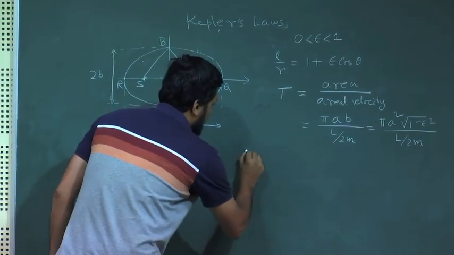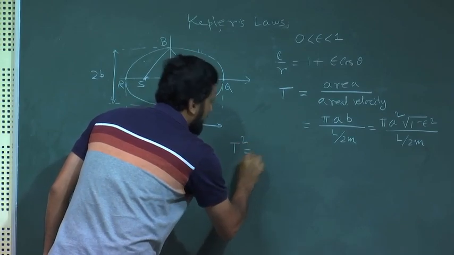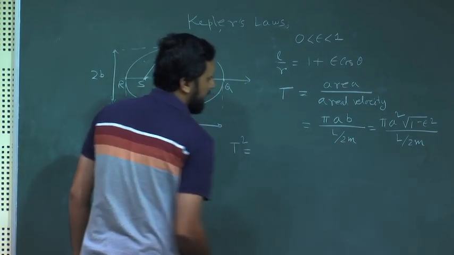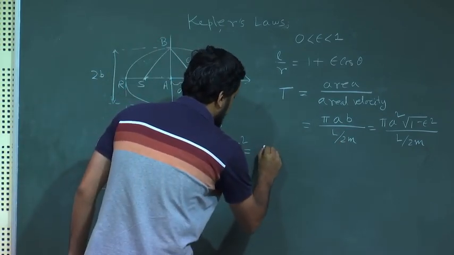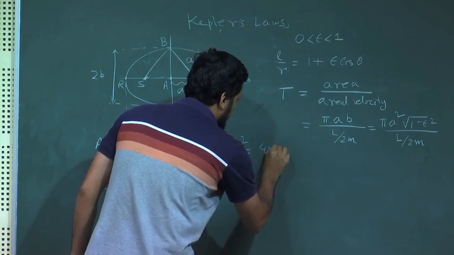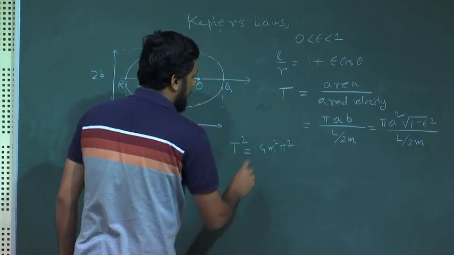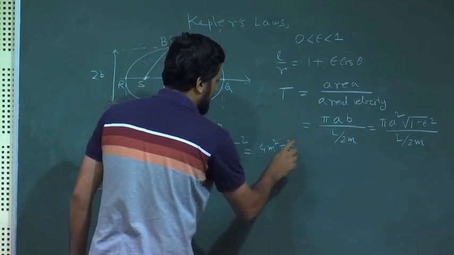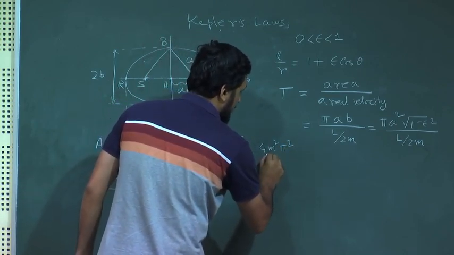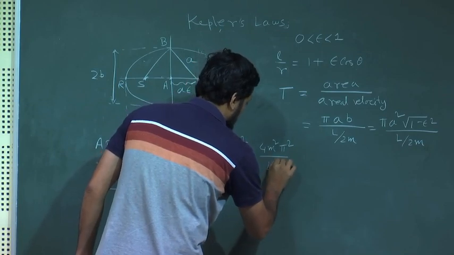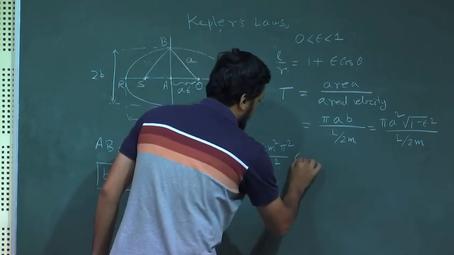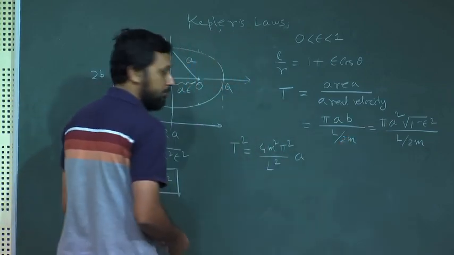So, T square is equal to, and we have to rearrange slightly, 4 m square pi square by L square A to the power 4 into 1 minus epsilon square.